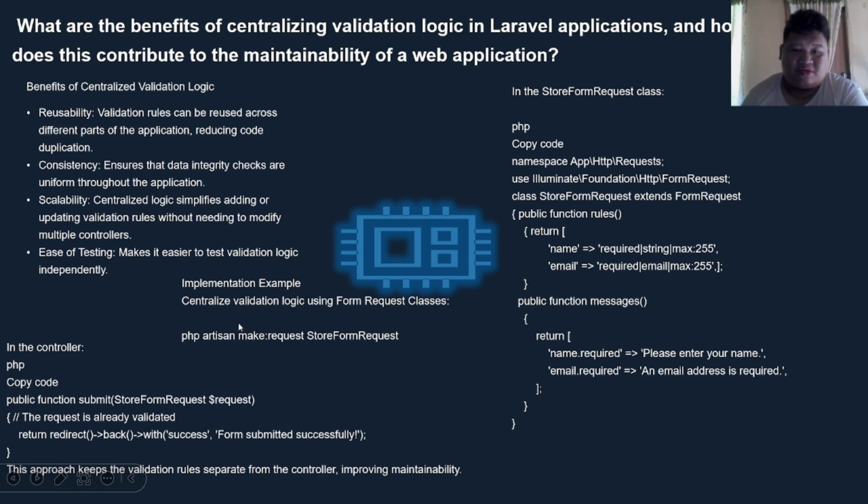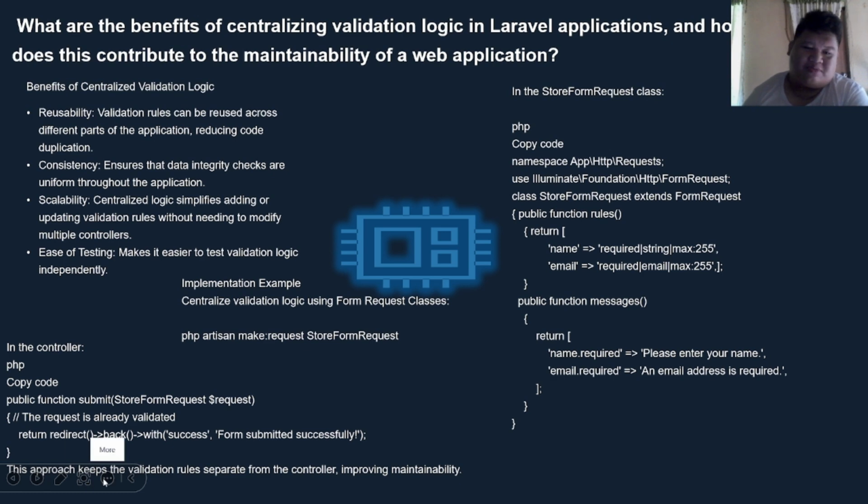Implementation example: centralized validation logic using form request classes. This one, in the controller, public function submit. The request is already validated.